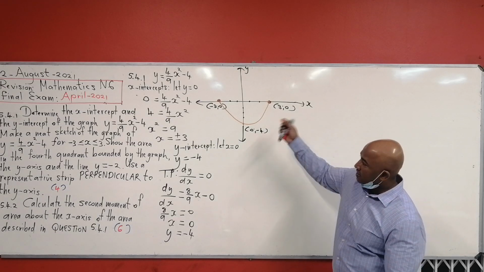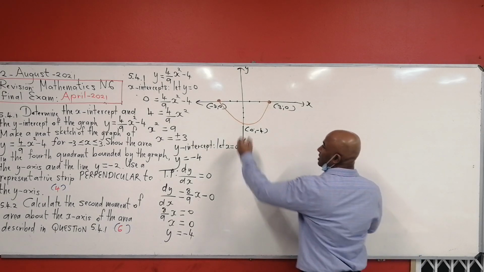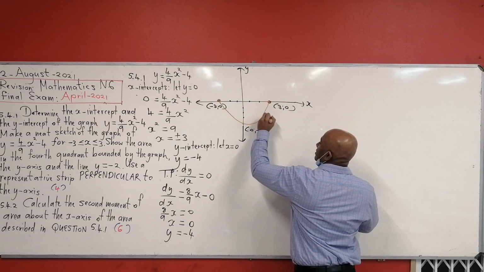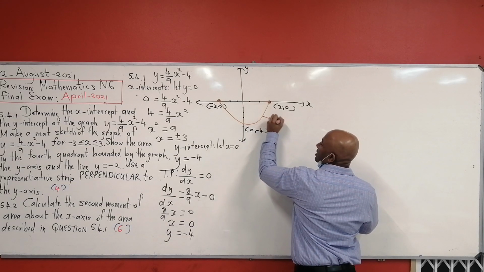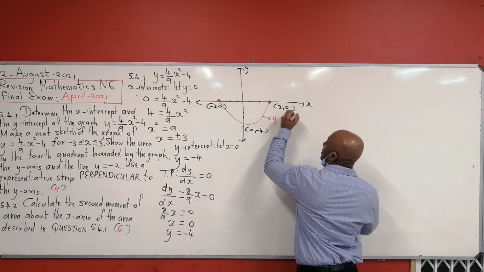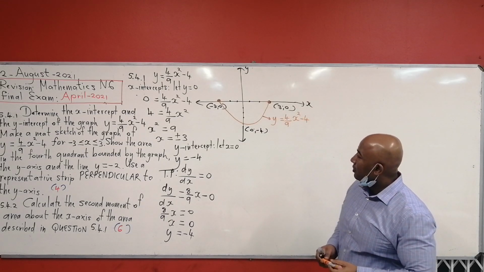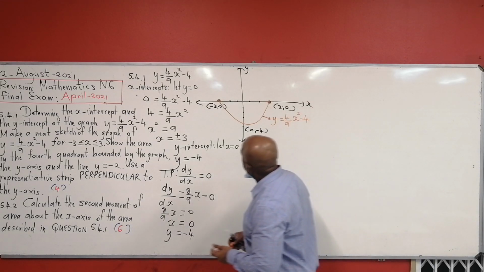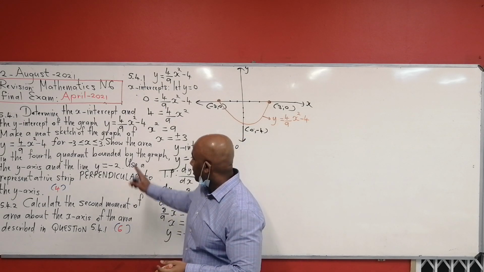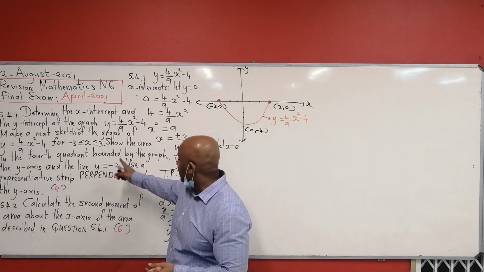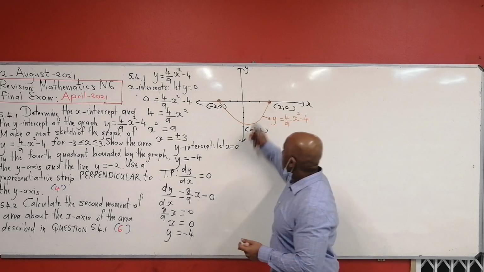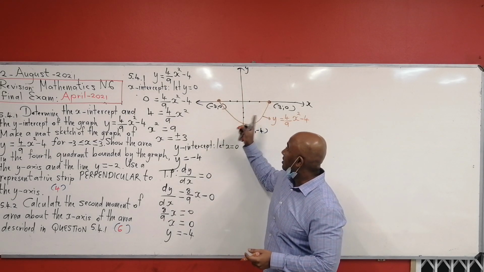Now, we got this graph, the parabola, let's label it. Y is equal to 4 over 9 x squared minus 4. What else do we need to sketch? So we got the graph, show the area in the fourth quadrant. So this is first, second, third, fourth quadrant.